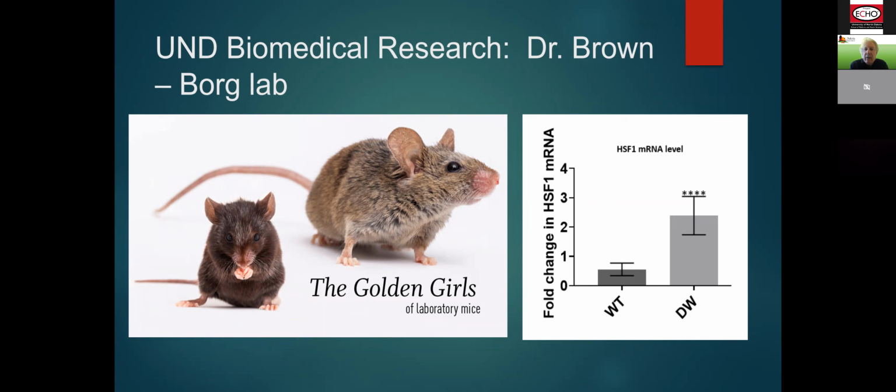And you can see on that graph there's nearly a 3.5-fold increase in the ability of these long-lived mice. DW stands for dwarf, but they're small, but they live long, small and mighty. And they have a really ramped up stress system.